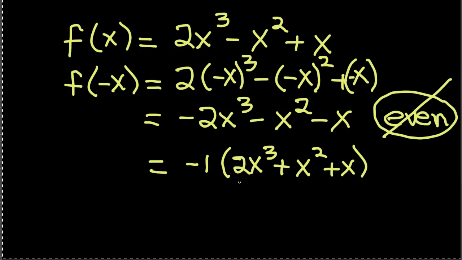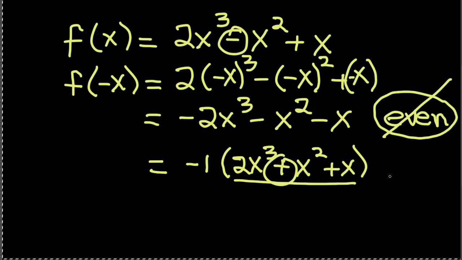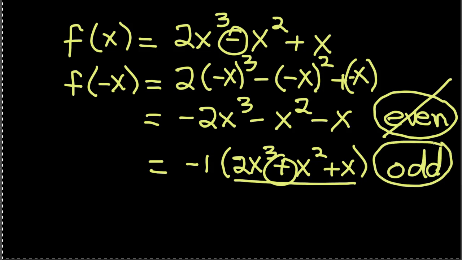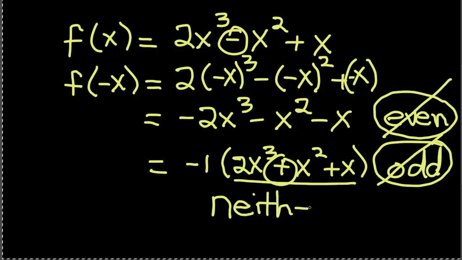And if I compare this part to the original f of x, I see there's a different sign right here and right here. So we know it also is not odd. Therefore, this one must be neither. This function is neither even nor odd.